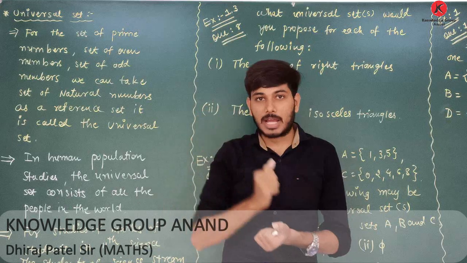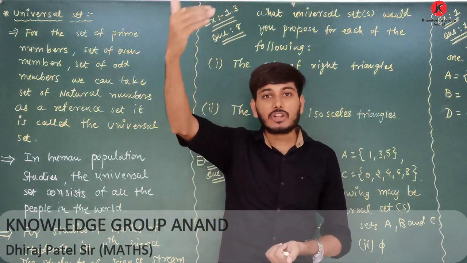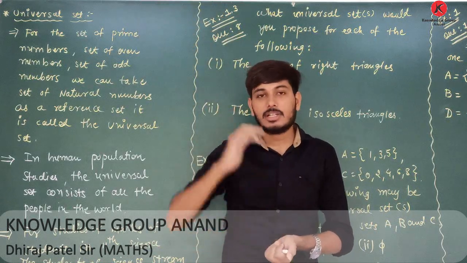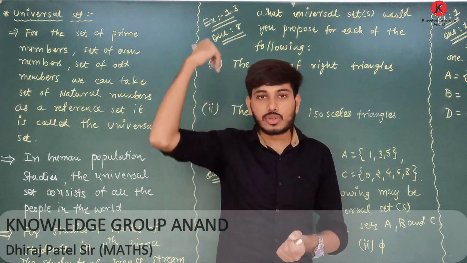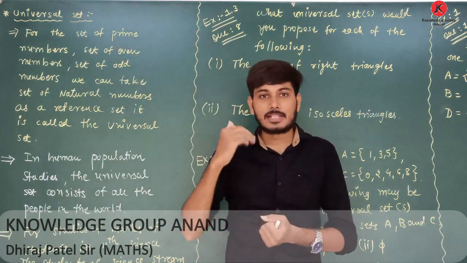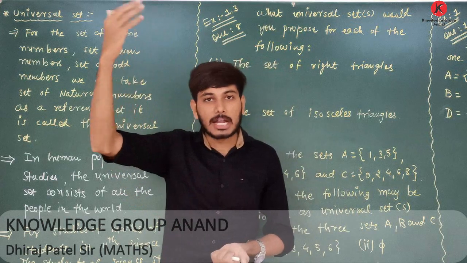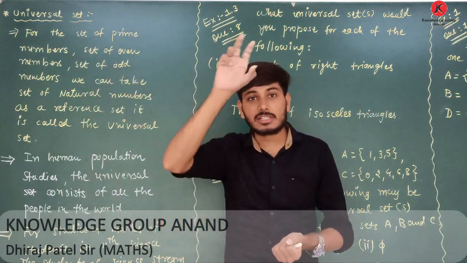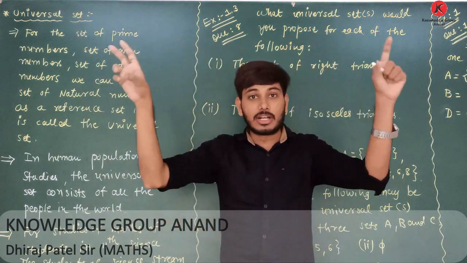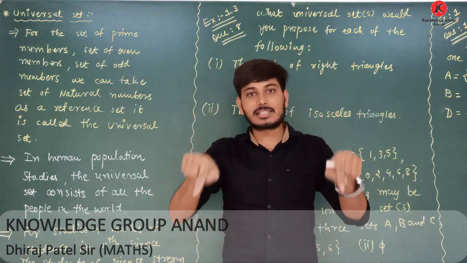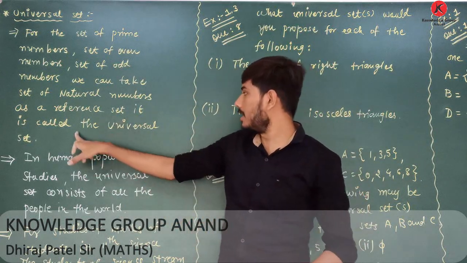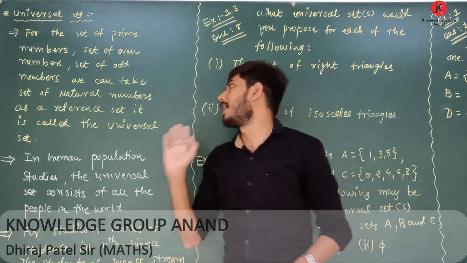Here, the set of prime numbers is part of the natural numbers, the set of even numbers is also part of the natural numbers, and the set of odd numbers is also a part of the natural numbers. Therefore, the set of natural numbers is our reference set, and this reference set is called the universal set.